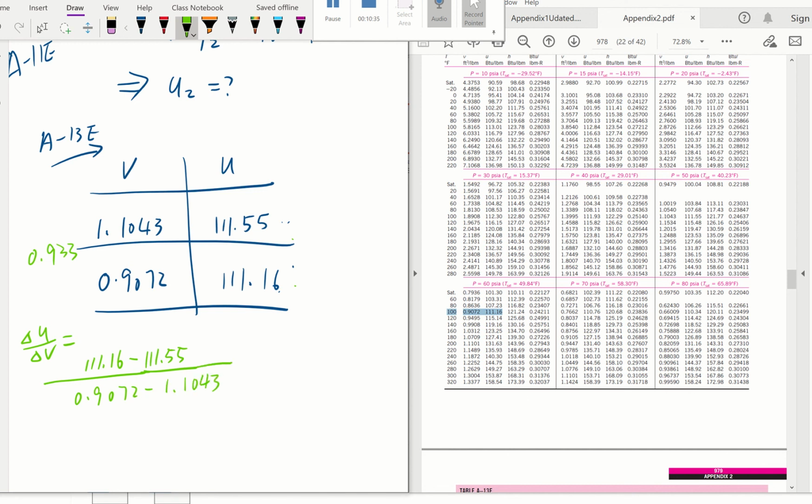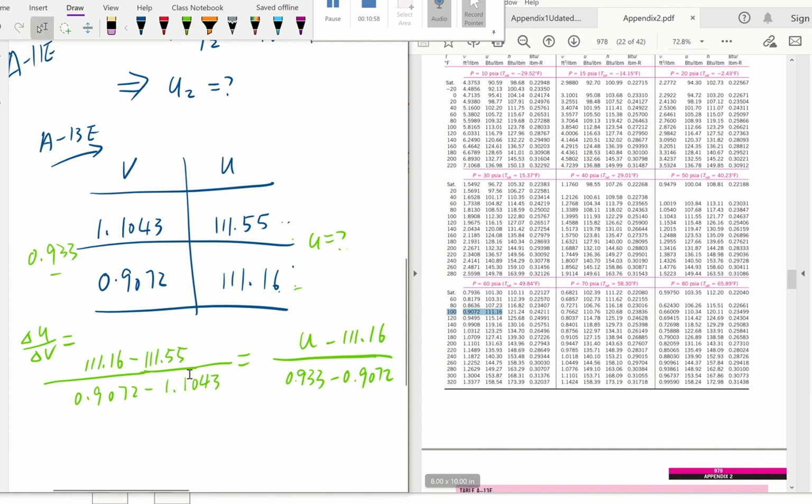difference. Once we have that, we're going to use this unknown U we're trying to figure out. For example, I'm going to use U, this U minus 111.16. Then correspondingly, my V will be 0.933 minus 0.9072.